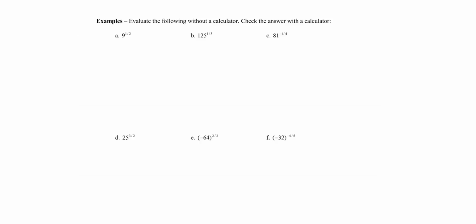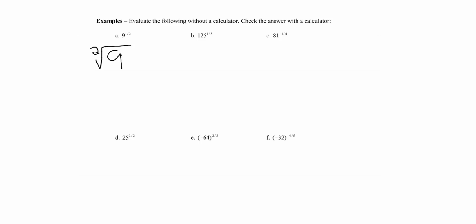Anytime you take a number written in power form and write it as a radical, the base of the exponent, the 9, is the number under the radical. Then your fraction, your denominator is always your index. So our denominator here is a 2. I wrote the 2 in, but because it's the square root, we don't have to put it in there. And then the numerator is the exponent.